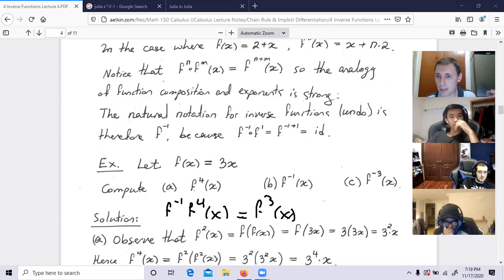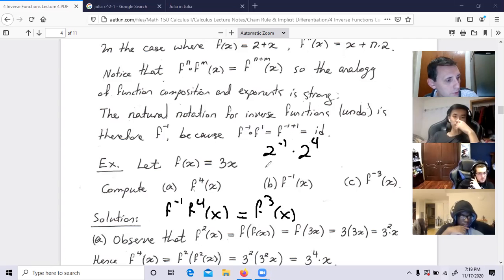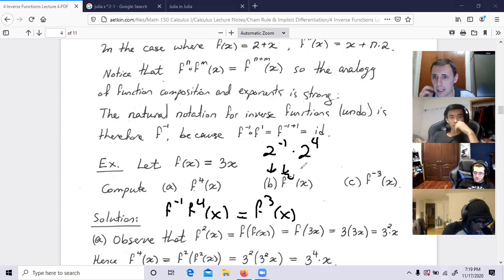It's like for multiplication of numbers. If I say, let's say 2 to the power of -1 multiplied by 2 to the 4, how do I apply one less 2? I would just multiply by 1/2. You see, multiply by 1/2, it annihilates one of the 2's. But that's not how you apply one less for a generic function.